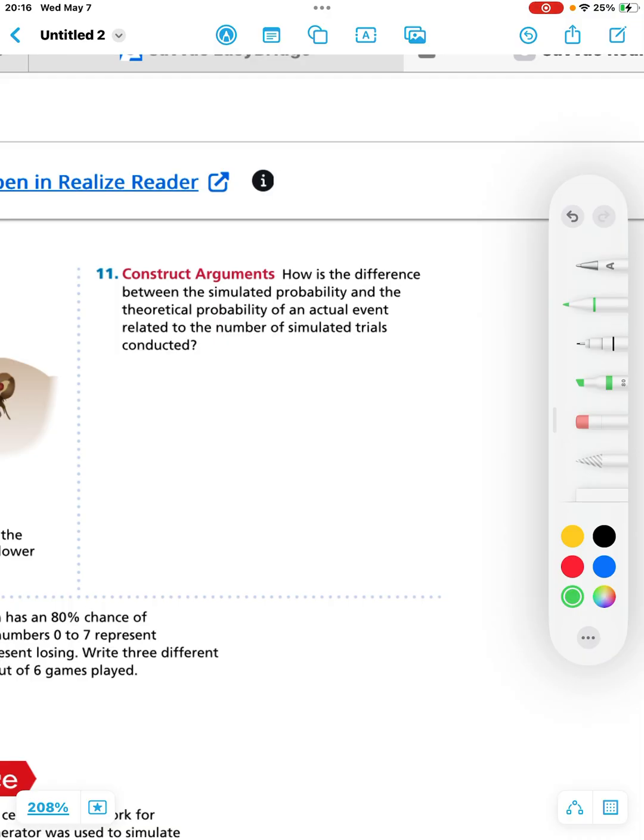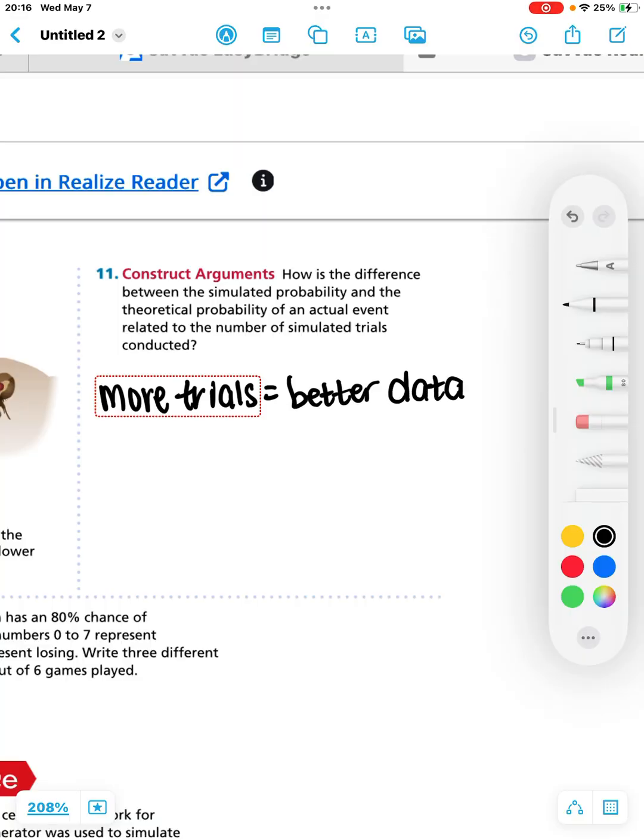How is the difference between the simulated probability and the theoretical probability of an actual event related to the number of simulated trials? So the more data, or more trials, equals better data.